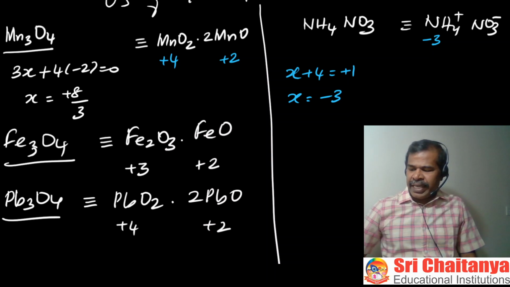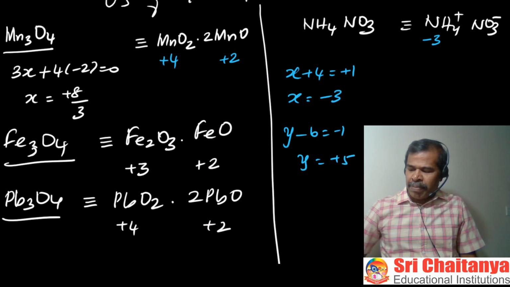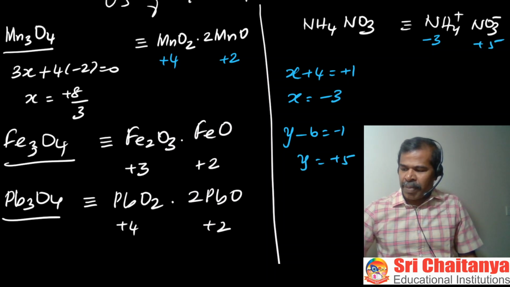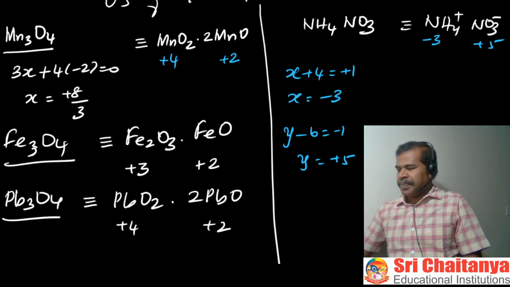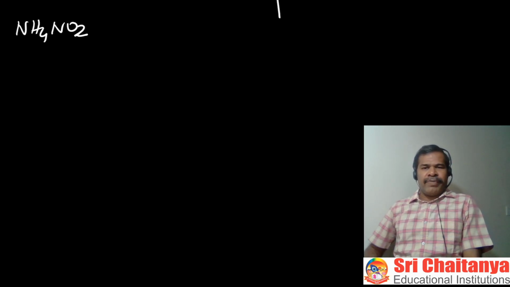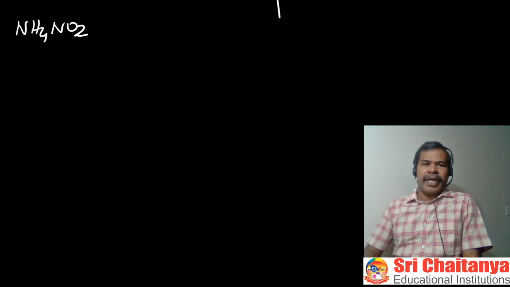Same way in nitrate, let it be Y. So Y minus 6 equal to -1, so Y is equal to +5. So nitrogen is in +5 oxidation state. Let's take a similar example, NH4NO2. You can quickly think of the oxidation states of nitrogen in this compound.